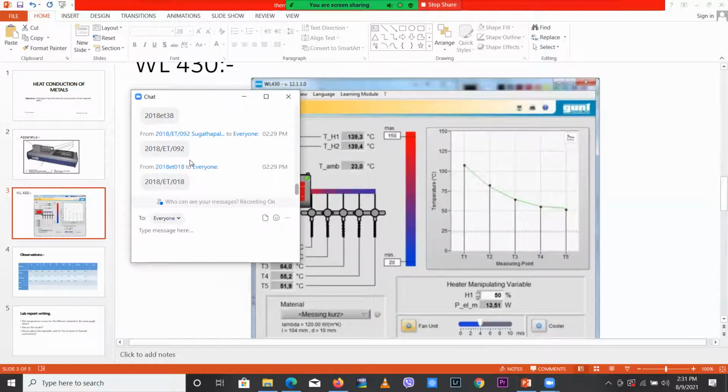Why is that? Because of heat conduction. Through this conduction, there is a heat flow inside the metal rod. If we introduce heat at one side of the rod, that heat will flow through the metal to the other side. We call that heat conductivity, and it changes according to the metals, right?